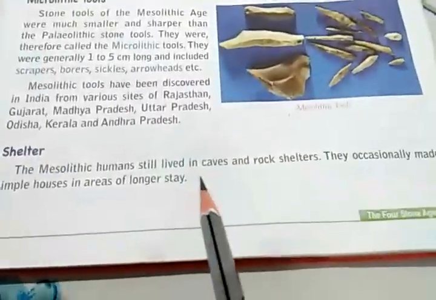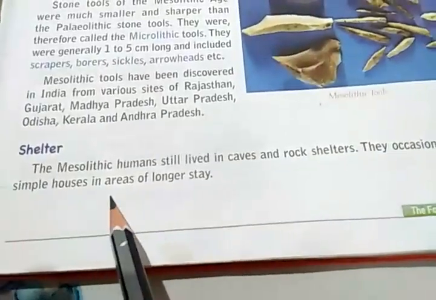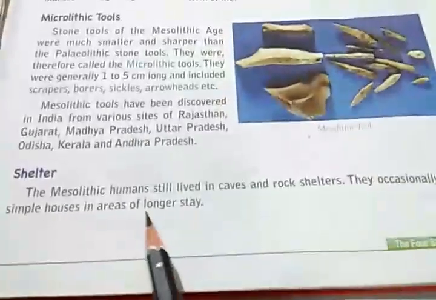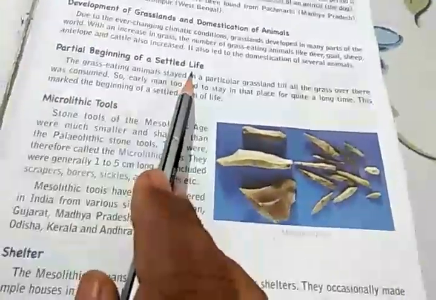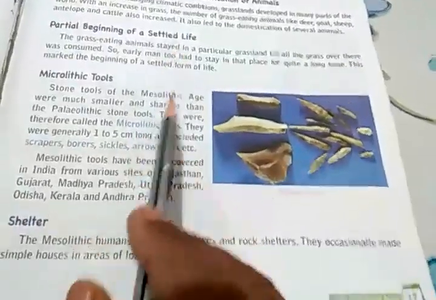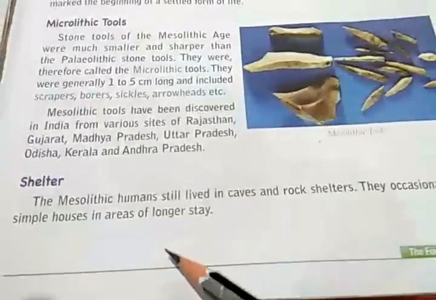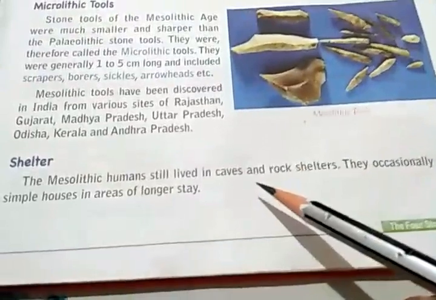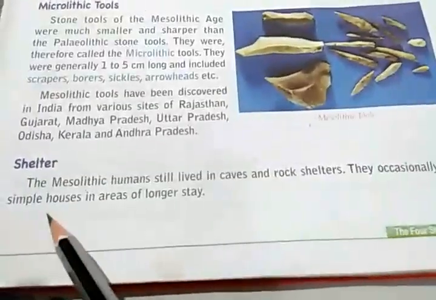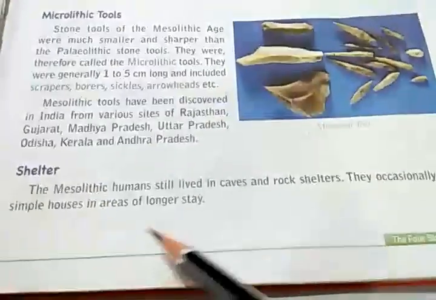They occasionally made simple houses in areas of longer stay. Longer stay means, as I said earlier, the partial beginning of a settled life. They were staying in one place for a couple of weeks or a month or so. So for staying at a place for a longer duration, they made simple houses. So this is about shelter.